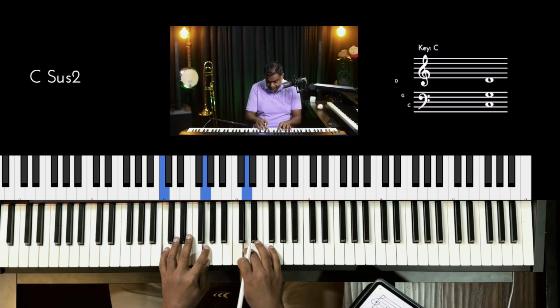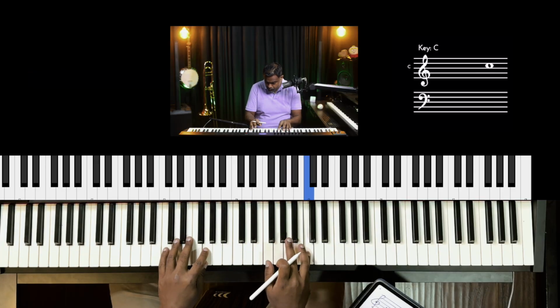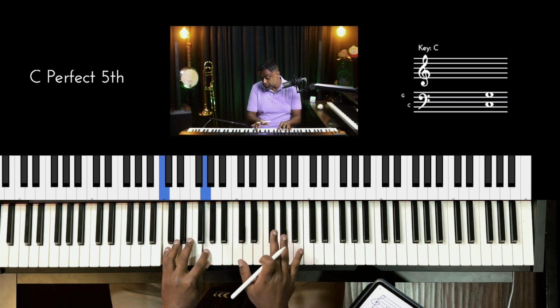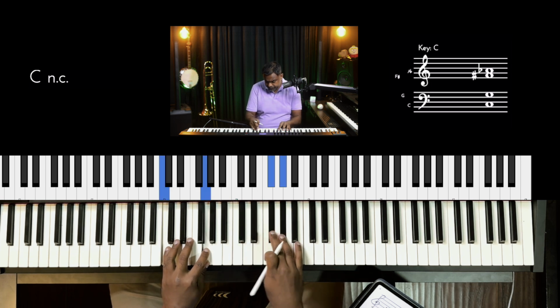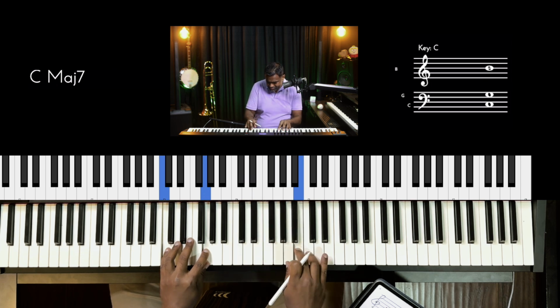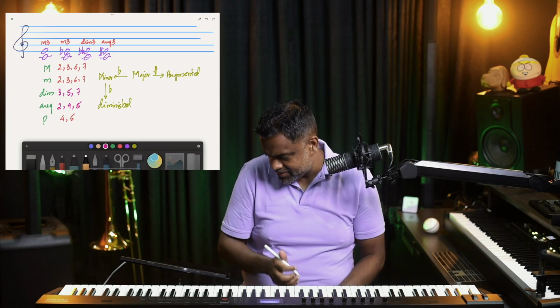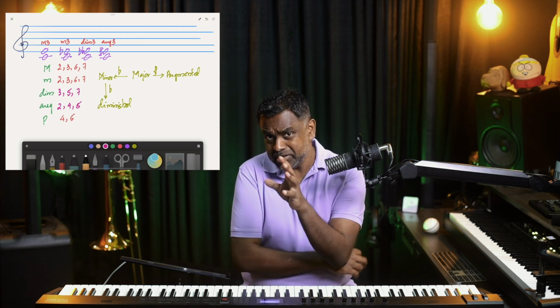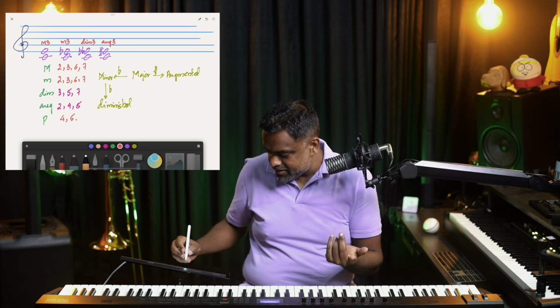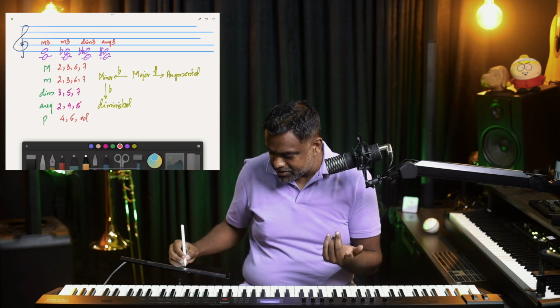You could have a scale built with the sharp 4 as well as the sharp 5. Lydian augmented, you could say. Nice scale actually. And then the perfect would generally be 4 5, but in some cases they might even dedicate it to say perfect octave, perfect unison.